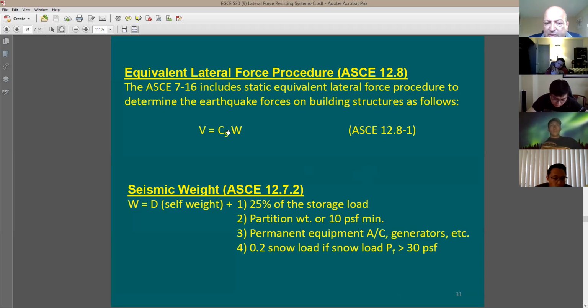As you see here, it is going to be equal to seismic coefficient multiplied by the seismic weight. Like what we said last time, seismic weight is going to be mainly the self weight of the structure. Plus, if you have a storage occupancy, it's going to be 25% of that. If you have an office or some residential building, you are going to have at least 10 PSF for the partitions.